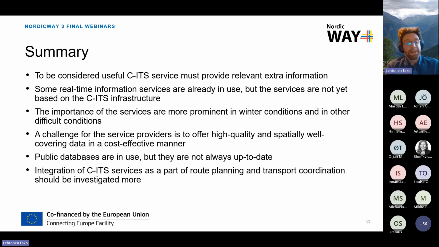The public databases about the infrastructure are in use, but they are not always up to date, which contributes to this challenge. And integration of CITS services as a part of route planning and transport coordination could be a topic which could be investigated more, and there might also be possibilities for further benefits.